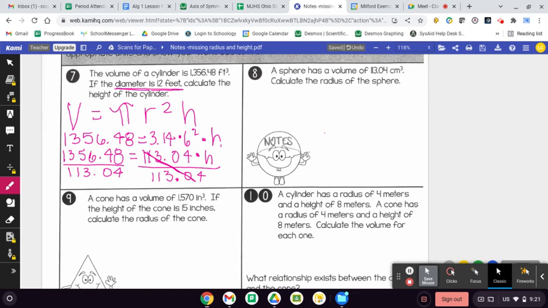And when we divide these two, what did we end up with? 12. So the height of the cylinder is 12. Sorry, this is not the best. We are going to get more practice with this. The practice is going to be identical other than you're using different numbers and different formulas. But the process is identical.